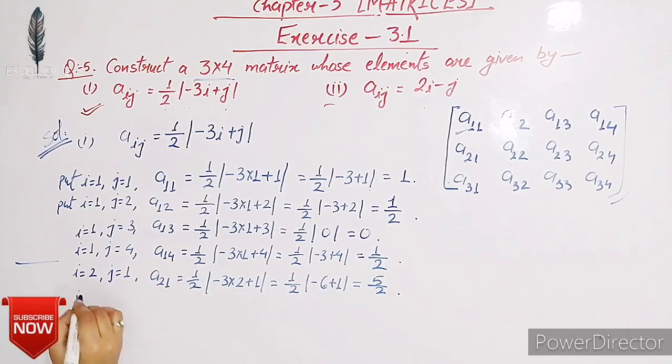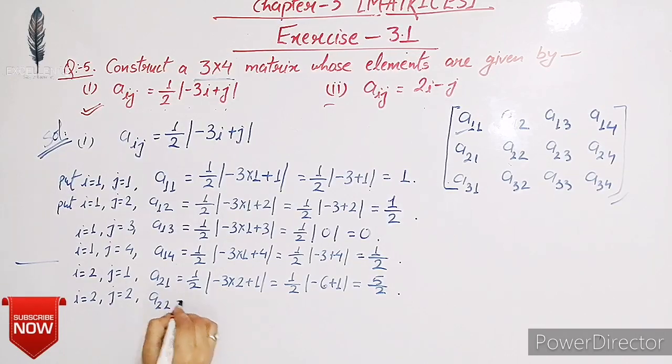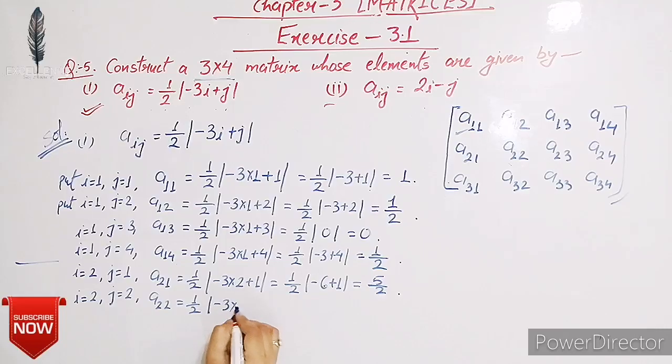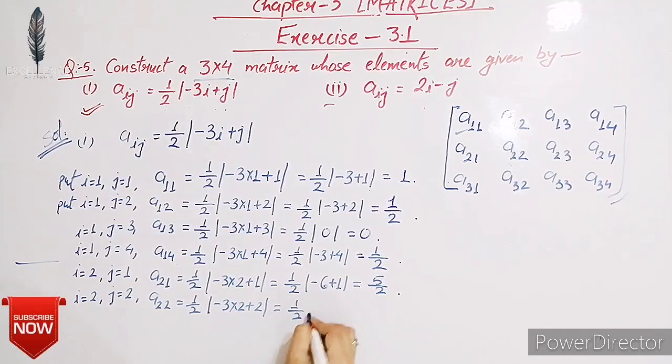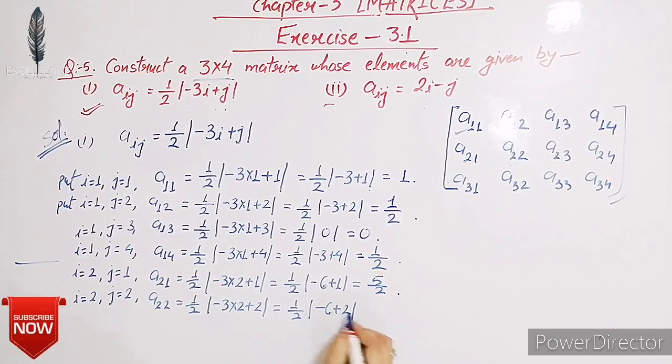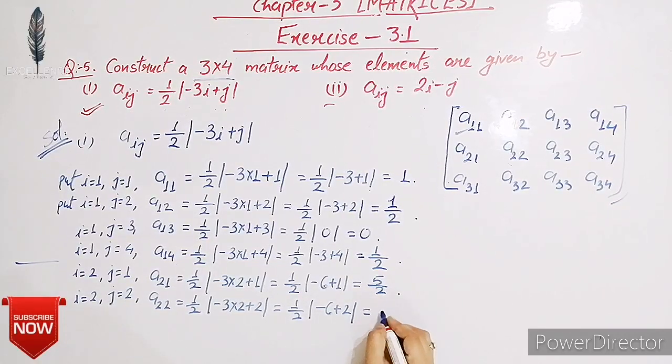Okay. For next element, put i equals 2, j equals 2, that is A22 is equals to 1 upon 2 in mod minus 3 into 2 plus 2 is equals to 1 by 2 in mod minus 6 plus 2, that is equals to minus 6 plus 2 is minus 4 upon 2, that is equals to 2.